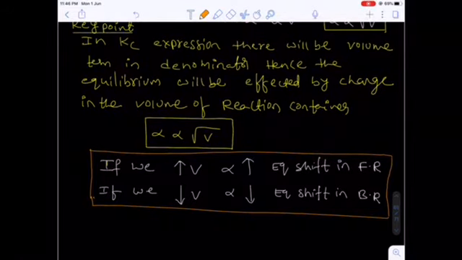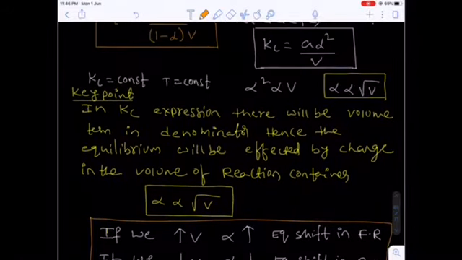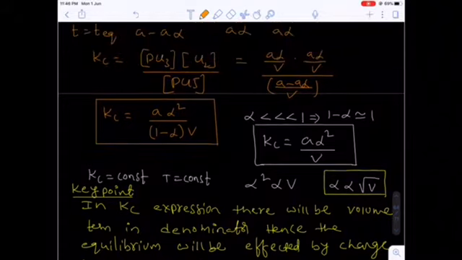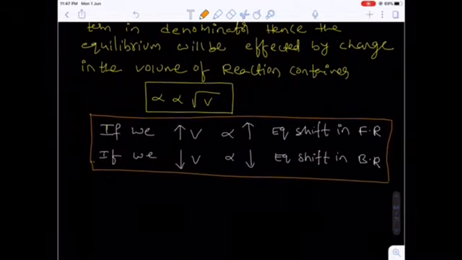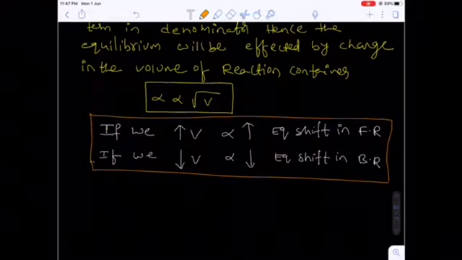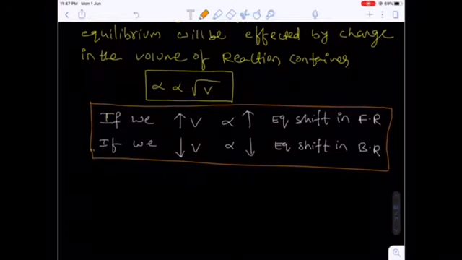Now here, if you do not know the relation between alpha and V, without derivation of this Kc expression, we can directly relate alpha and V. There is one formula, just now I told you. What is the formula?